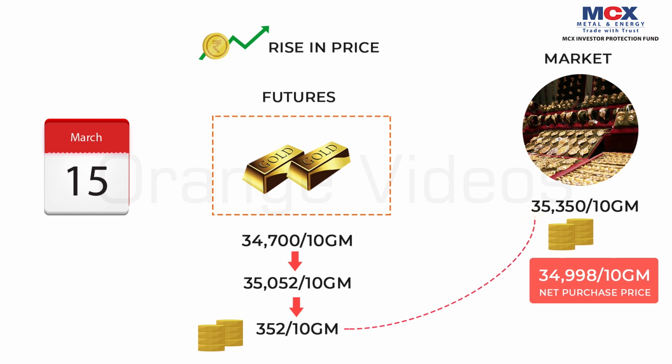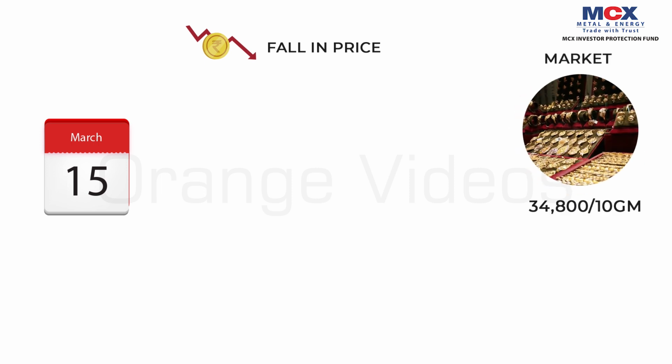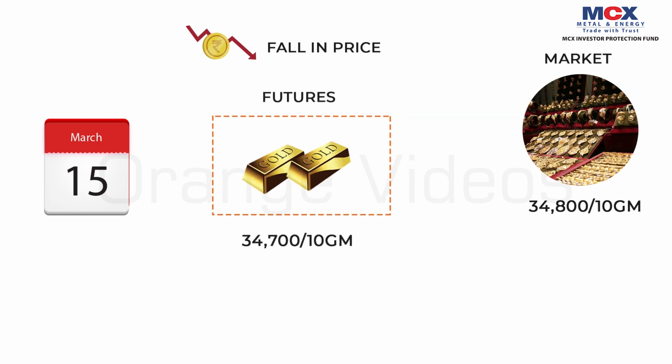The jeweler makes a profit on the futures contract and a notional loss on the spot if prices fall in a long hedge. In this scenario of price fall, on March 15th, the jeweler purchases gold bars from the physical market at Rs 34,800 per 10 grams and reverses the position in the futures market by selling gold futures at the prevailing price of Rs 34,497 per 10 grams. Cash flows from the physical market transaction stand at Rs 34,800 per 10 grams.